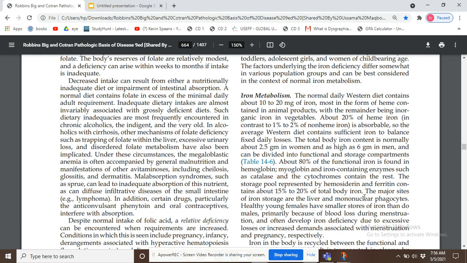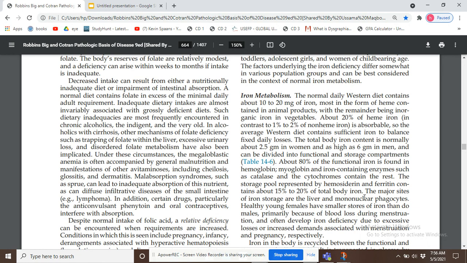First is the functional form, and second is the storage form. Functional form means the iron which is working in our body in the form of protein. For example, hemoglobin is the very important functional iron, okay.